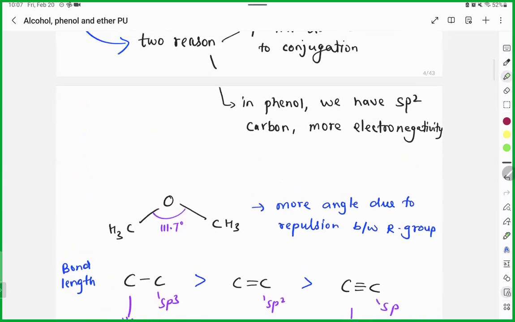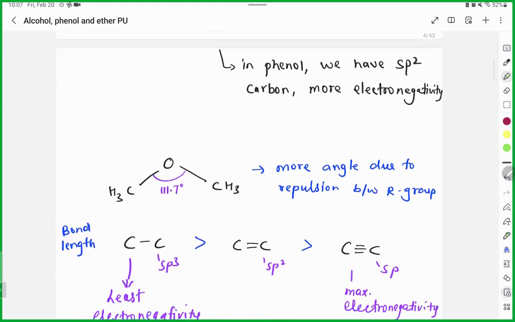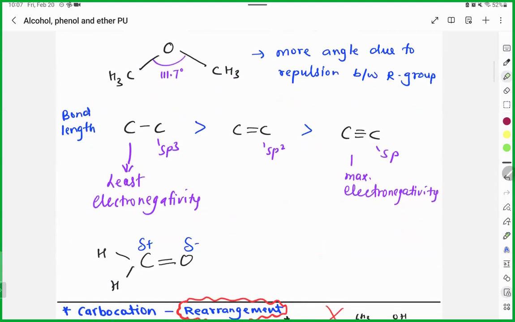So Hina, why is there more bond angle in case of ether? Sir, because of the repulsion. Repulsion between the alkyl groups. Yes, sir. Sarah, if you see bond length in case of carbon-carbon single bond is more and triple bond is less, what is the reason?